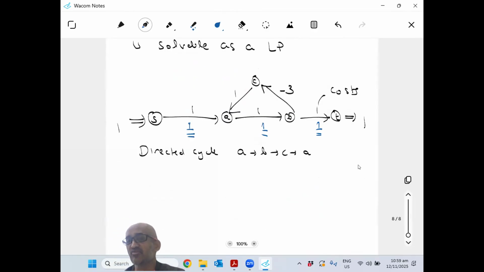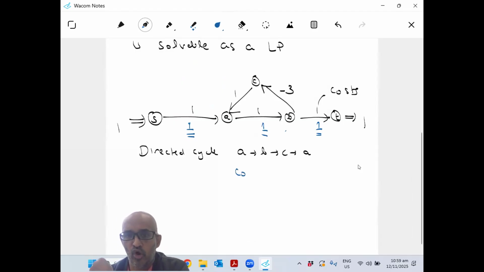What does a negative cost cycle do? This cycle is a negative cost cycle. I'm trying to minimize costs, so if I go once around this cycle, what's my cost? The cost around the cycle is 1 minus 3 plus 1, which is -1.